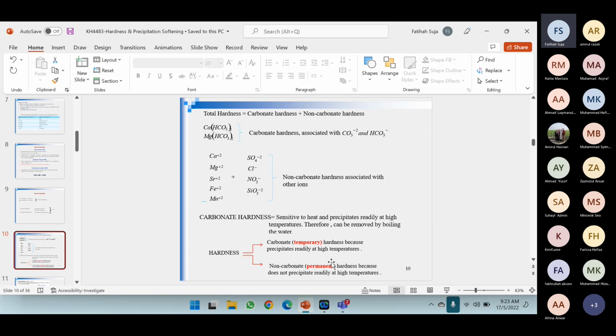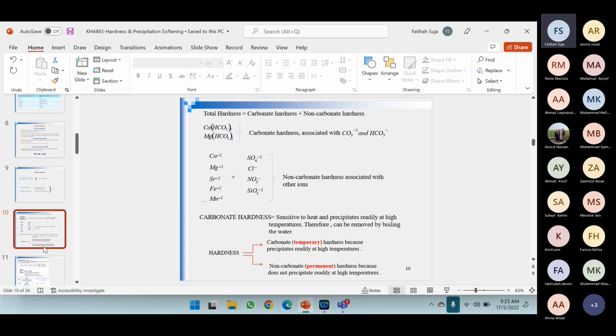They don't boil the water just to remove the carbonate hardness, because you will use lots of energy. You can do it in some states like Kelantan, where they use lots of groundwater as their water source. They can just boil the water to remove the hardness because they only want to consume a small amount.